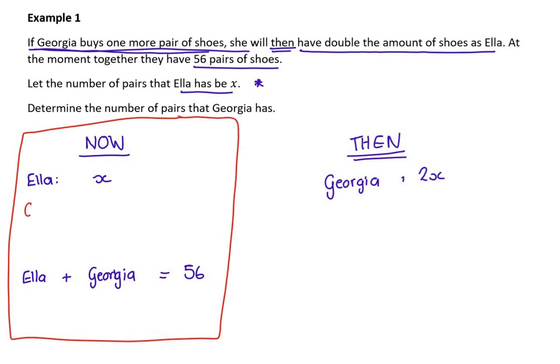Well, if she buys one more pair, she will have 2x. So at the moment, she has one less than that. So at the moment, she has 2x minus 1. Because if she gets one more pair, so if I added 1, I'd get to 2x.